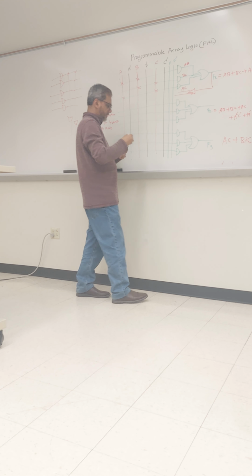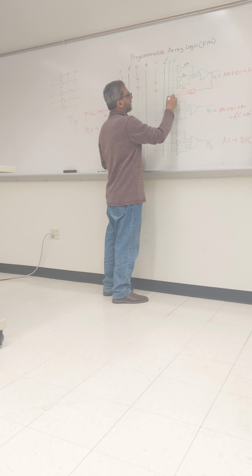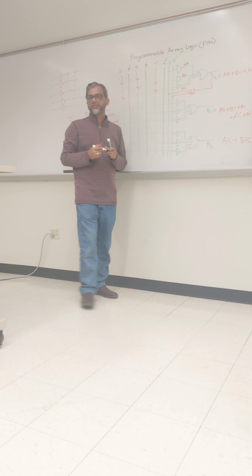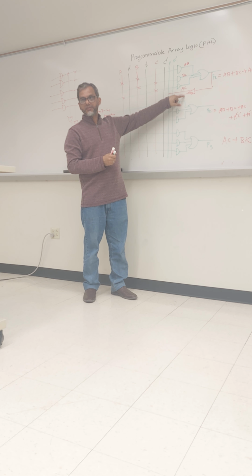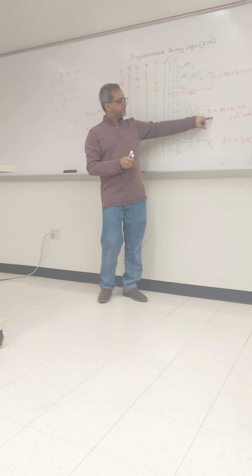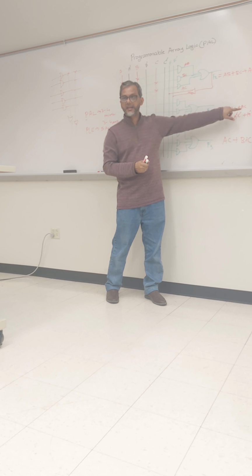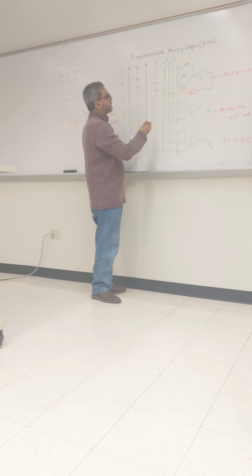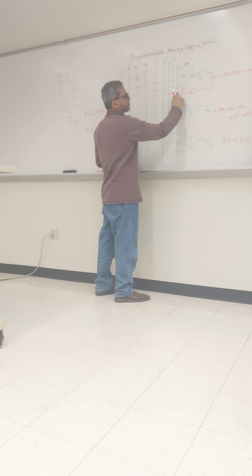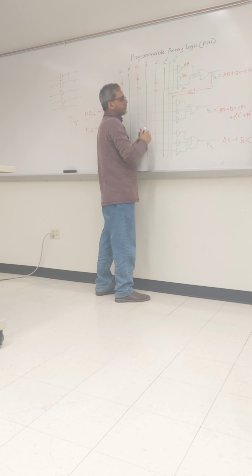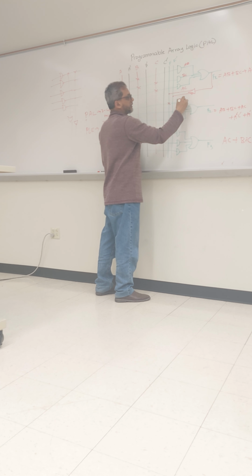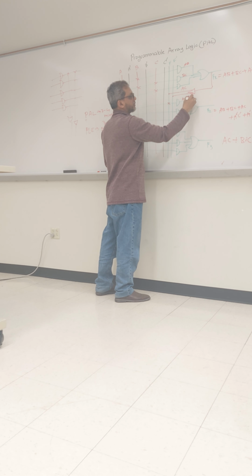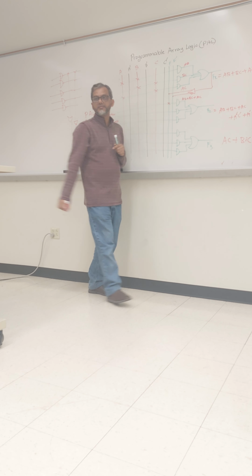This connection will connect to F bar, and this one will connect to F. So we can get a true form and a complementary form. Now if I look here, we have AB, BC and AC. We can see these with the true form. If I connect this to this line, it will give me AB plus BC plus AC.